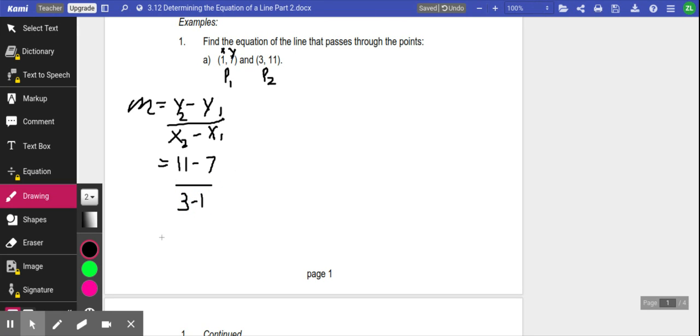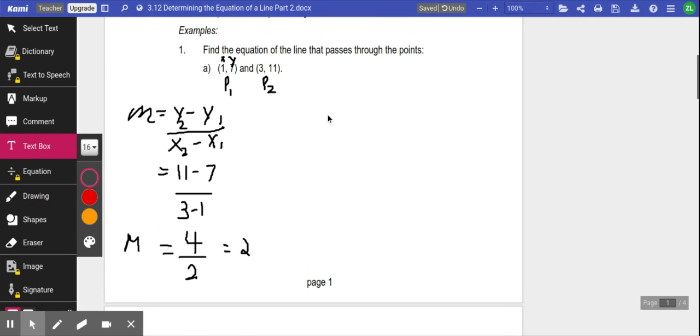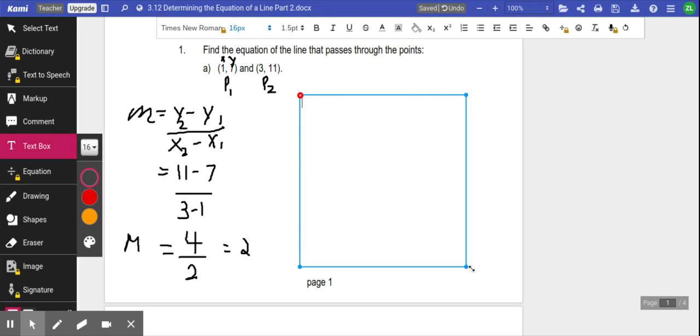So from here, we would get 11 minus 7, which would be 4. And 3 minus 1 being 2. And we can just reduce that to be 2. Okay. So now we know that our slope is 2, and we can figure out the rest of the equation based on what we did in our last lesson.